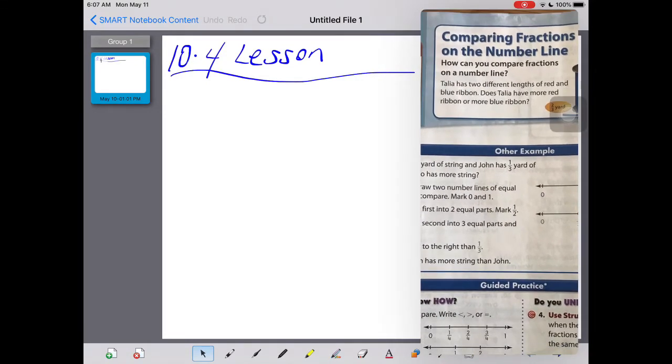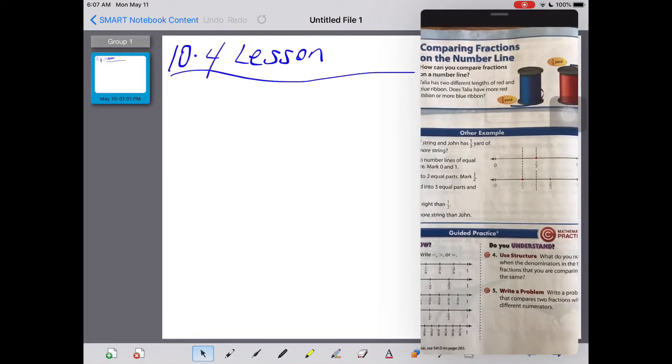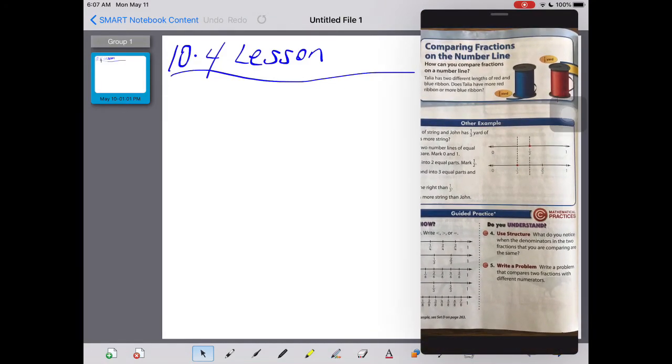Now I know it says let's compare that on a number line, but I think what would be good first is let's do what we have been doing first and then transfer that to the number line. I like to use the fraction strips, so let's take a look at that first.